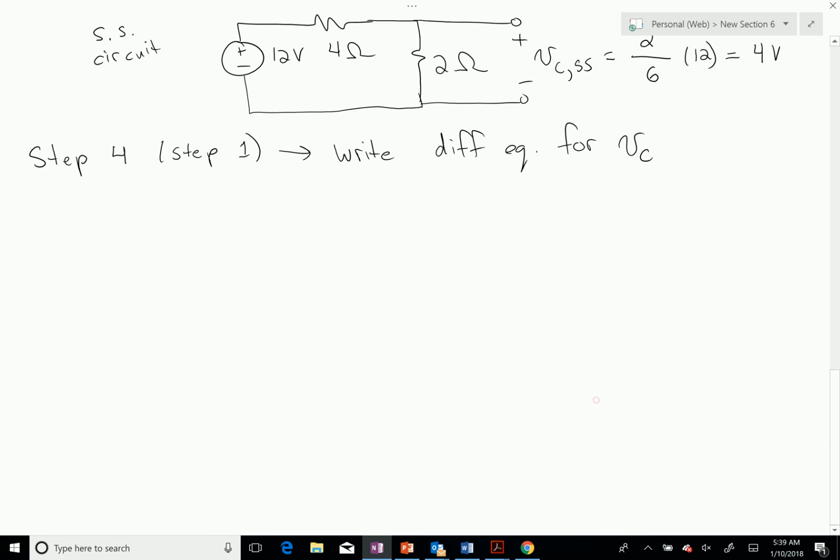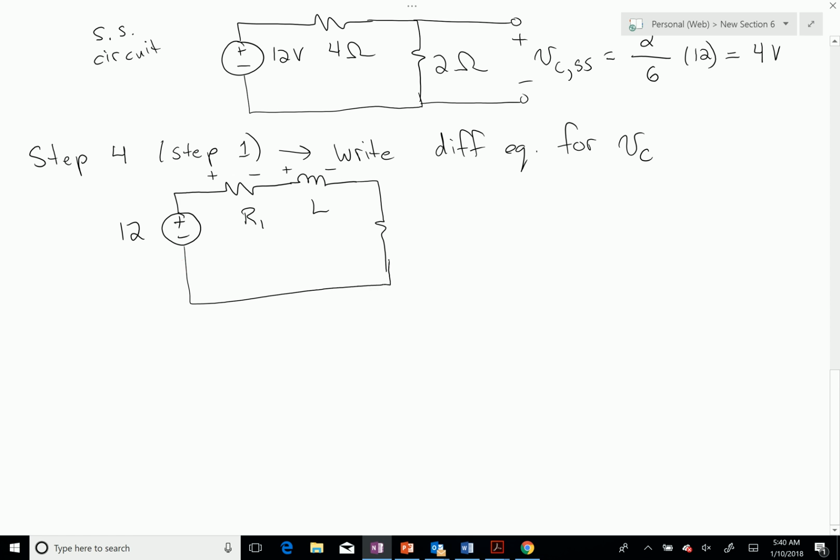So let's draw the circuit, and I'm going to do this in terms of component values here. There's R2. There's C and V sub C.